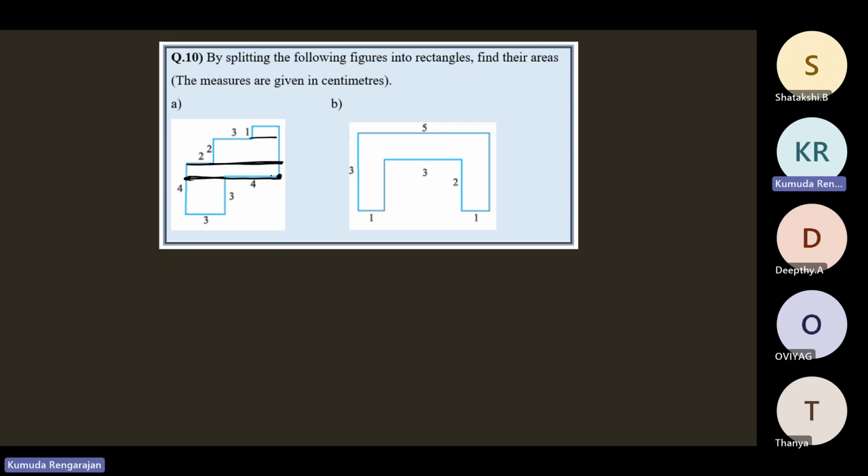Because opposite sides are equal, correct? Now, when we talk about rectangle 2, from here to here is the length, correct? Yes, ma'am. But what is 7 centimeters? From here to here is 7.